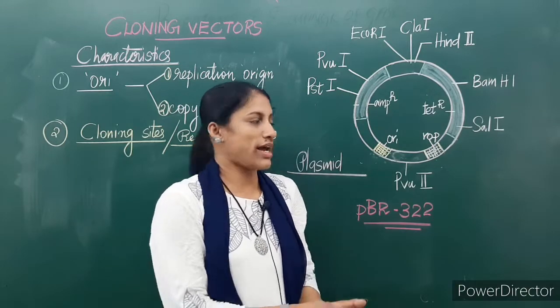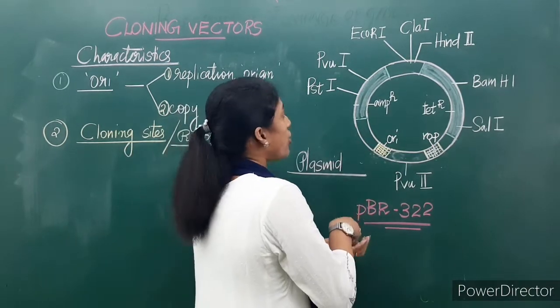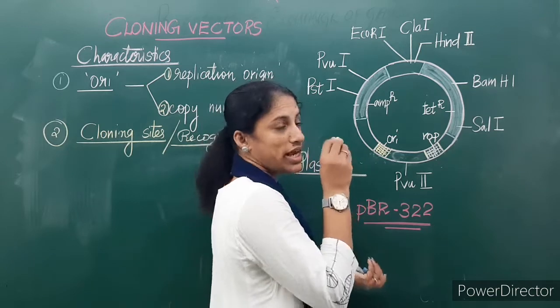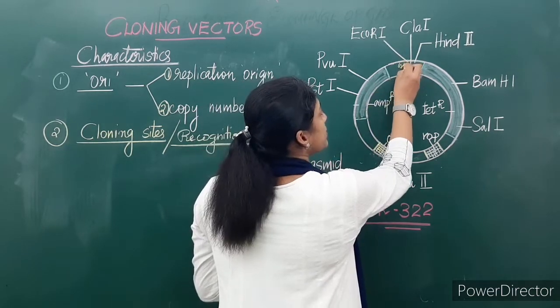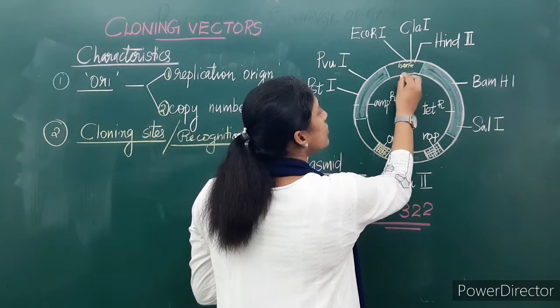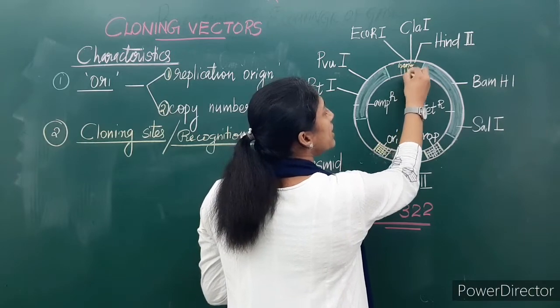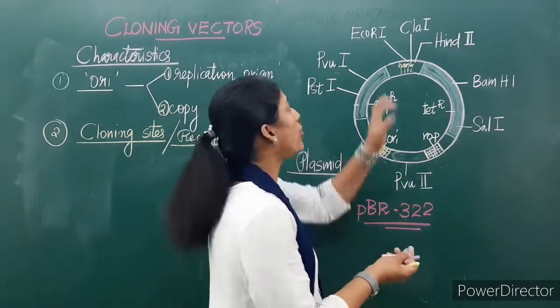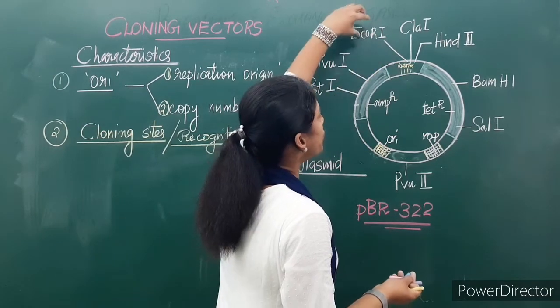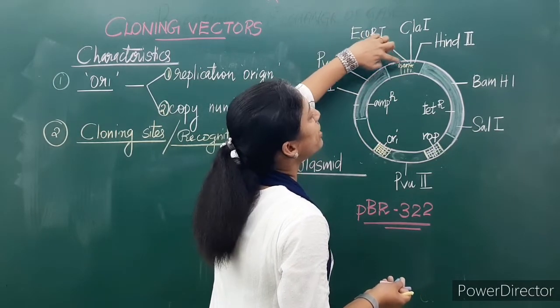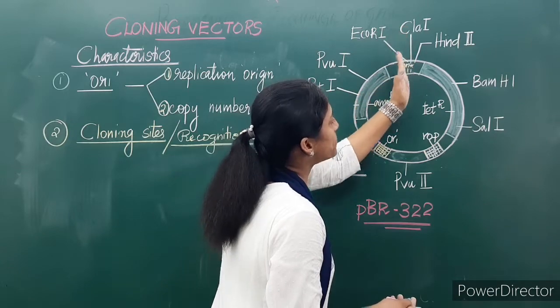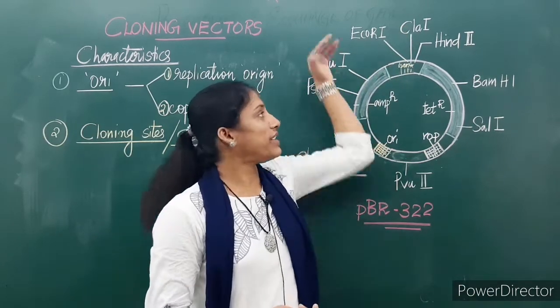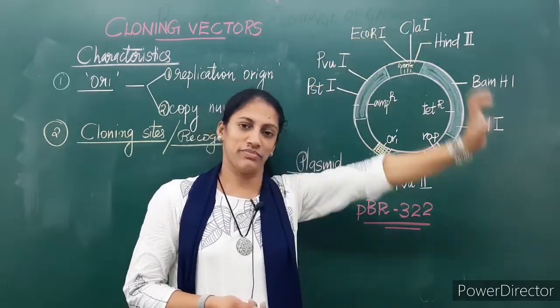It simply means that, for example, EcoRI, you know, it is GAATTC, a palindrome that is present at this region. This region of the DNA, that sequence is present. I mean, the palindromic sequence of EcoRI is here. So, using EcoRI enzyme, we can cut this DNA at this place, and we can link a foreign gene here.